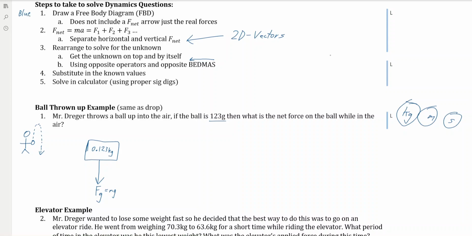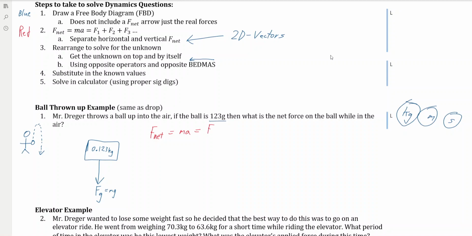Now our second step, I'm going to do this in red, and maybe change to a thinner pen. Our second step is to do your F-net. So F-net equals ma, and equals all your forces added.